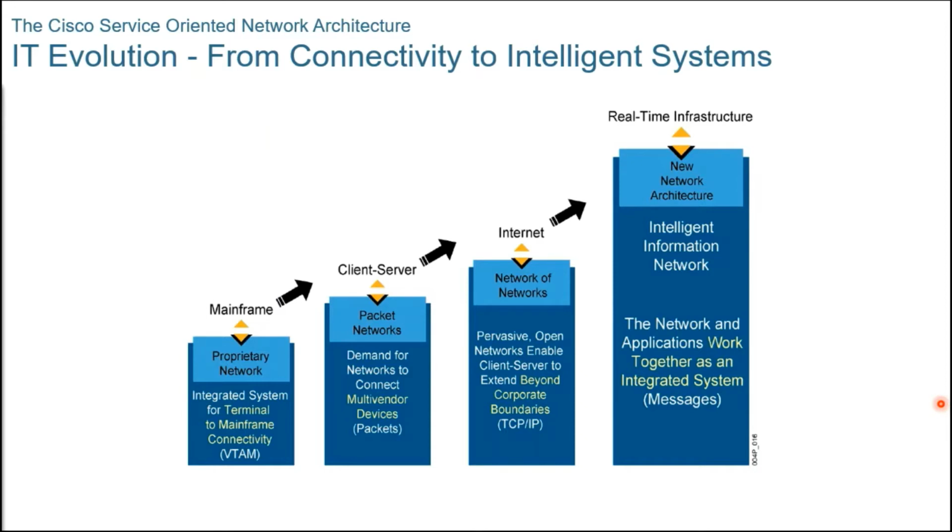Organizations are finding that networking is no longer just about connectivity. Rather, network intelligence is starting to play a role in improving business performance and processes. Intelligence enhances the network's role as a foundation for enabling communication, collaboration, and business success.